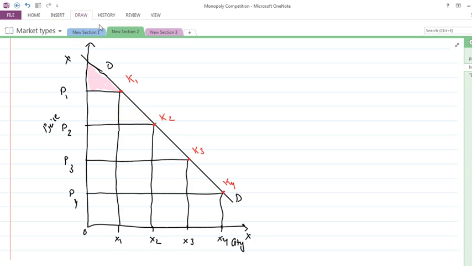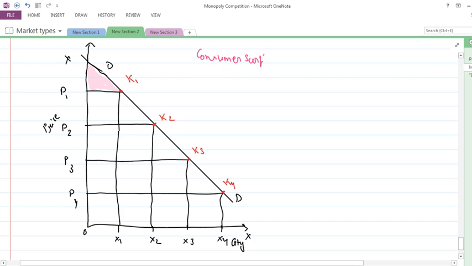So the consumer surplus of the first group is equal to DP1K1. Second group is equal to DP2K2.